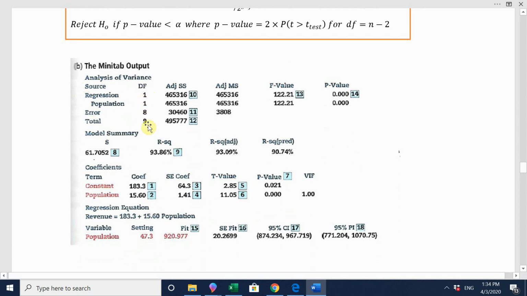Your degrees of freedom are highlighted over here. Then in your model summary, you will get your standard error for the residuals, that's your square root of MSE. And you will also get your coefficient of determination. Note though, Minitab does not give you the correlation coefficient, but that's not complicated to determine. You just take the square root of your coefficient of determination to get your correlation coefficient.